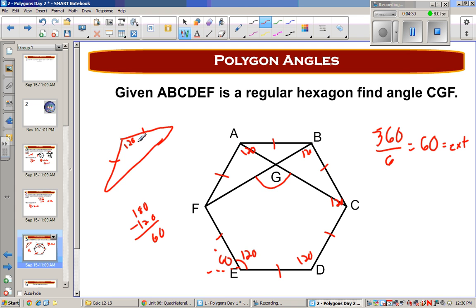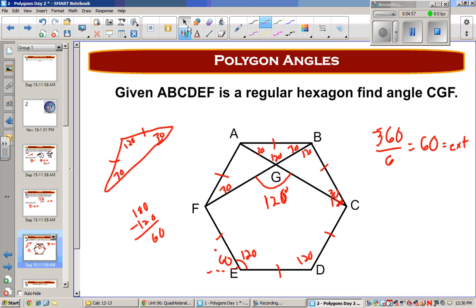But since this is isosceles, both of them are the same. So they're both 30. So this is 30, and that's 30. Similarly, this is 30, and that's 30. So if I want to find this angle, I can add those two up, subtract from 180 and get 120. And those are vertical angles, so this one, again, is 120.